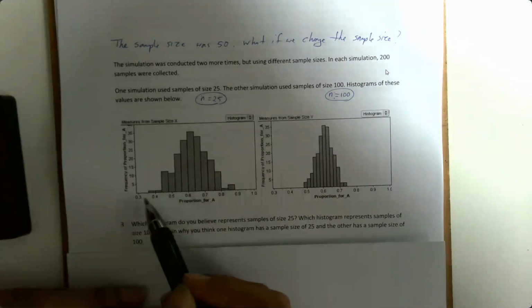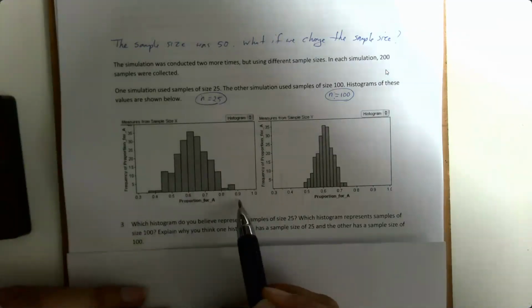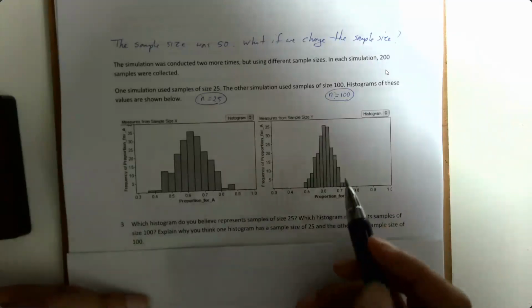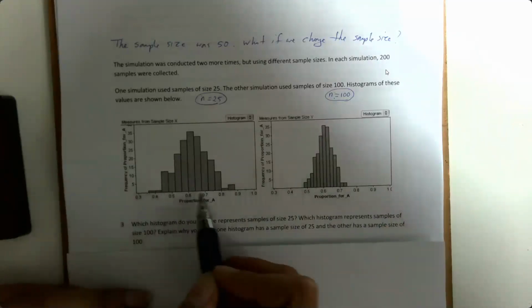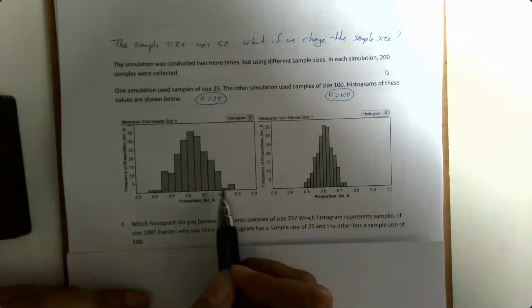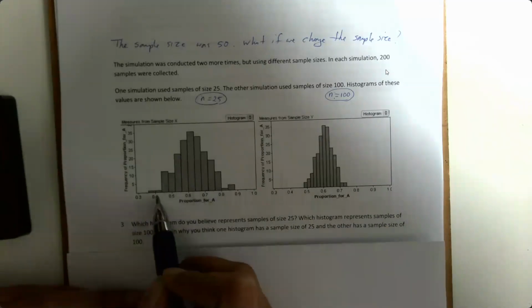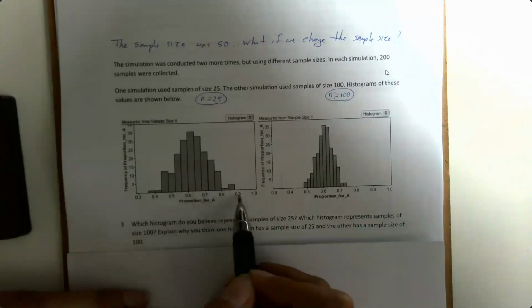You have your distribution, and you see you have variability, starting from 35%, going to around 90%.